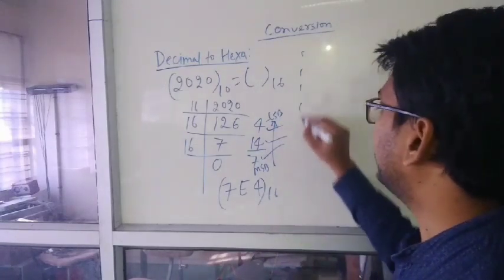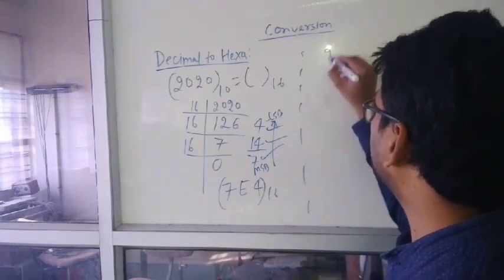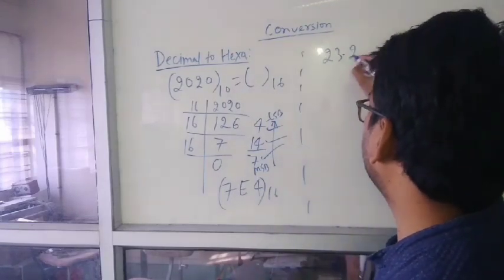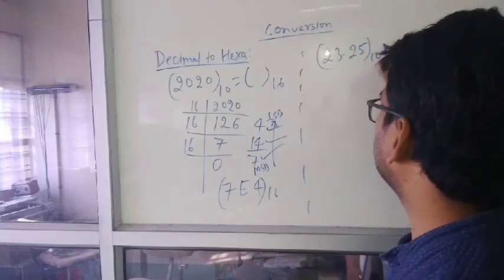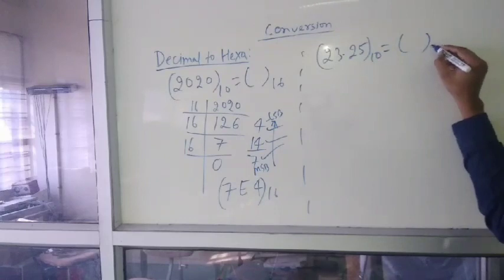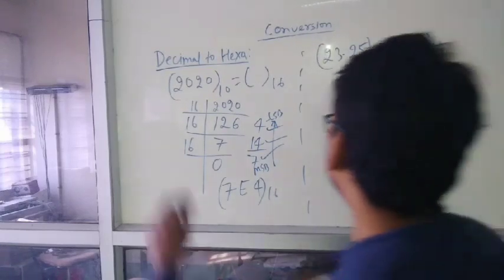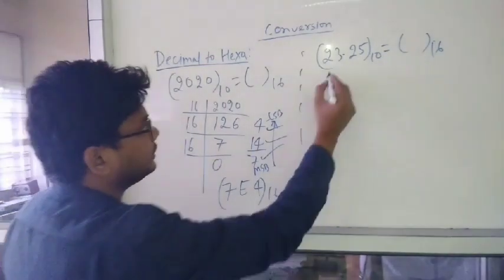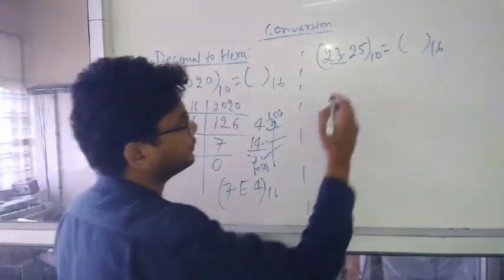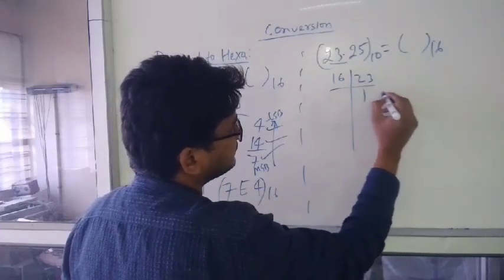Next, if we have a number with a fraction, like 23.25, suppose this is the data in decimal form, and we want to convert it into the hexadecimal one, then for this 23 we follow the same procedure. 23 divided by 16, that will be 16, minus 16, 7 remainder.